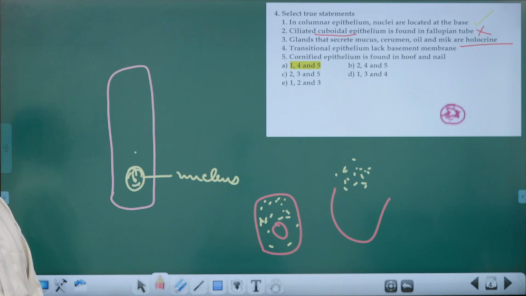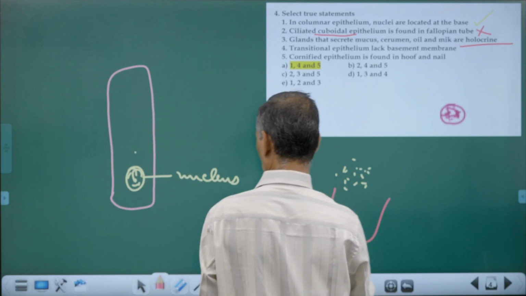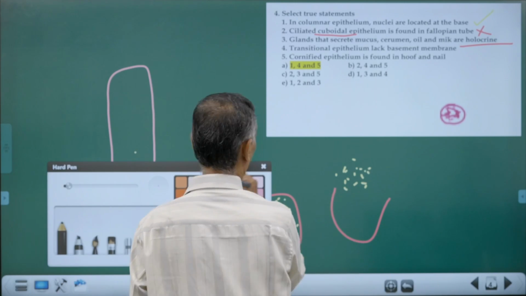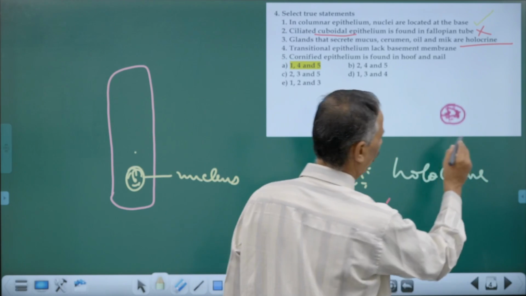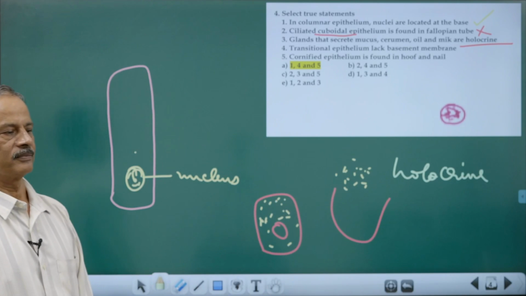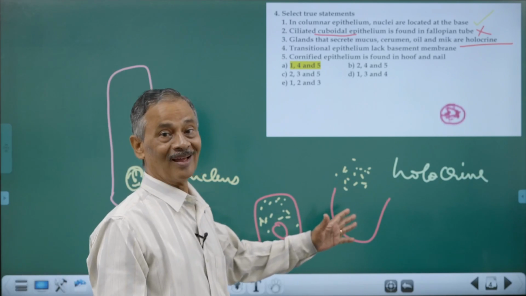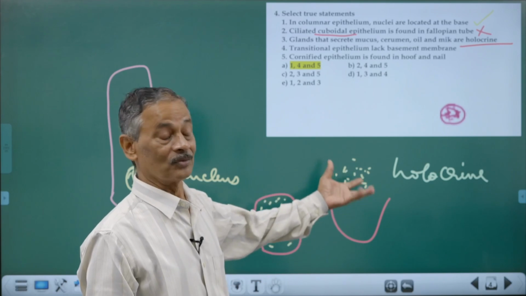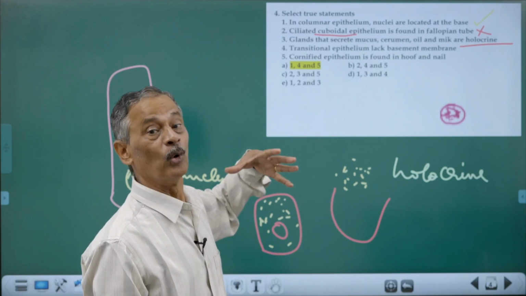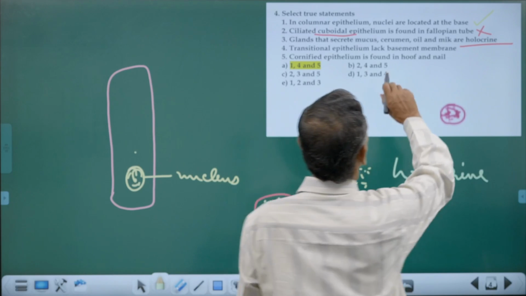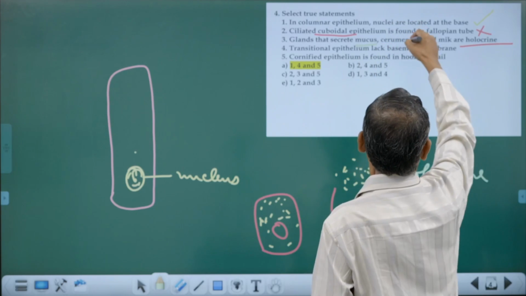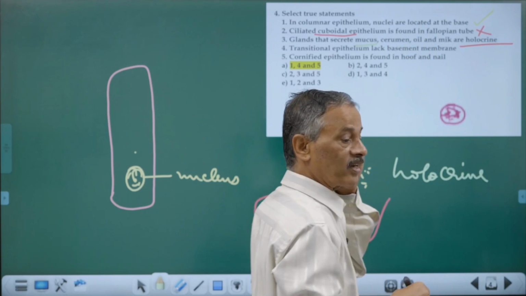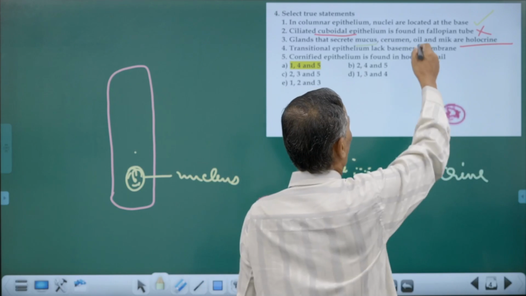Such a type of release is called holocrine. Holo means complete. The whole of the cell is bursting. This is for mucus secreting. For mucus, okay. But cerumen, what is cerumen? Wax, ear wax.